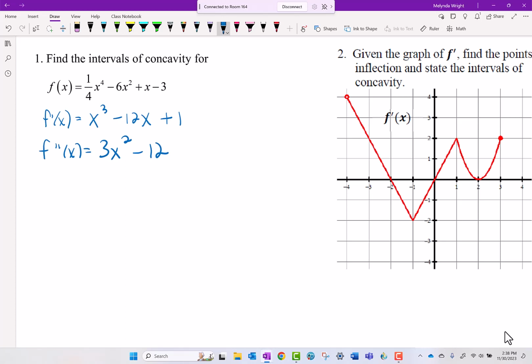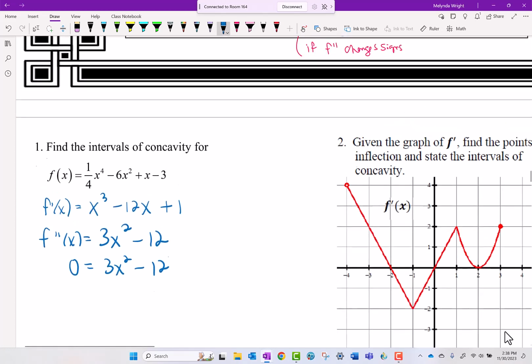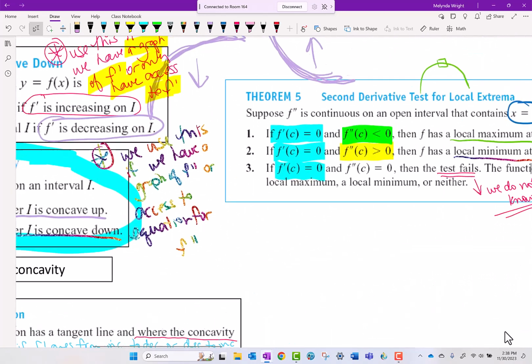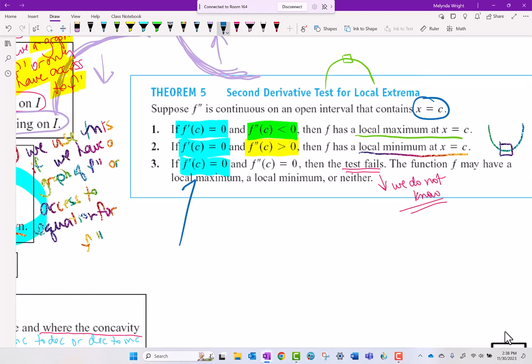Then, much like with the increase-decrease test, we're going to set the second derivative equal to 0 and see what our numbers would be. Where would the second derivative be 0? Because that's part of the requirement. If you look up here, the requirement to use this test is for the first derivative to be 0.